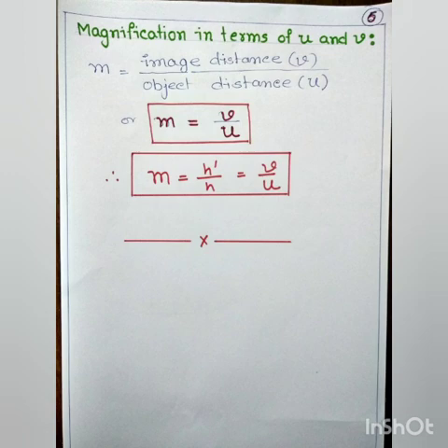Now the magnification of a lens can be expressed in terms of u and v also. What is that relation? Magnification of a lens is equal to the image distance from the pole of the lens to the object distance from the pole of the lens. That is, magnification m equals v by u. Clear?